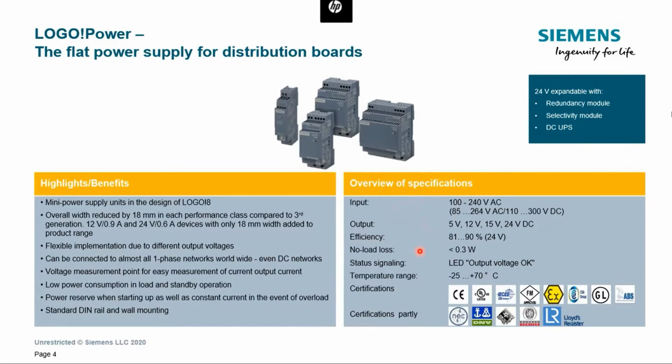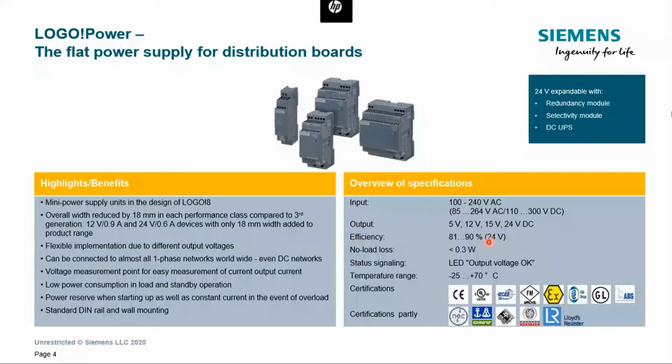So we are limited to the 4 amp output, actually, but we have different variants of output. In addition to the 24 volt and 12 volt possibilities, we do have some power supplies with output 5 volt and 15 volt as well for other applications.